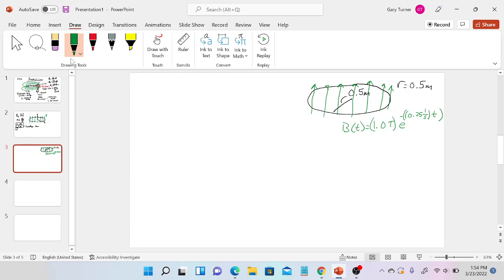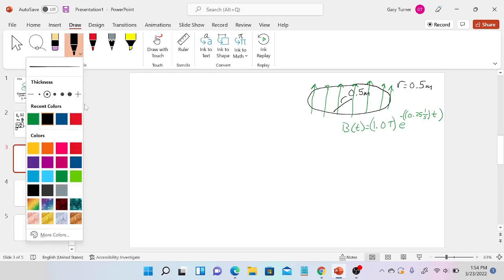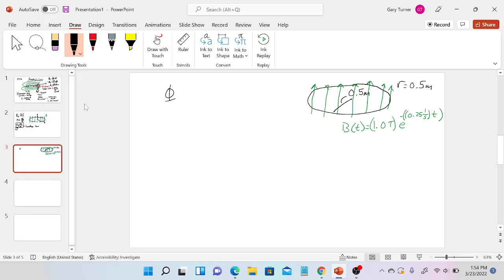And the flux is going to be written as B dot A because I don't need to integrate over a circle. I already know what the area of a circle is. It's pi r squared. So I can already assume the integration is done.